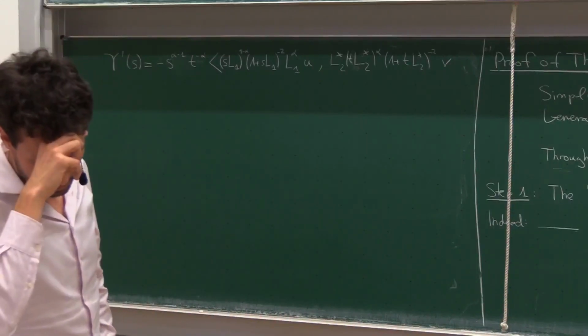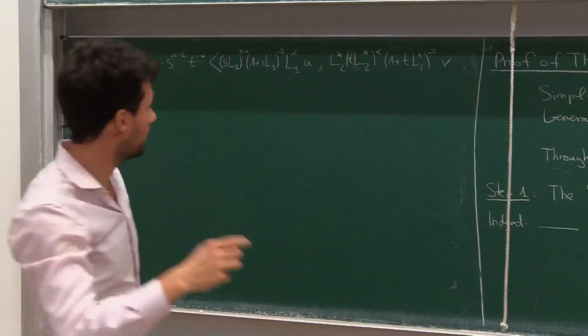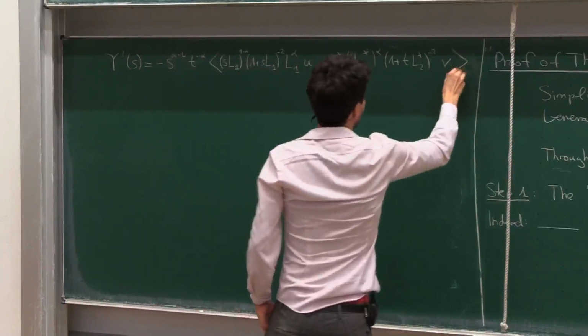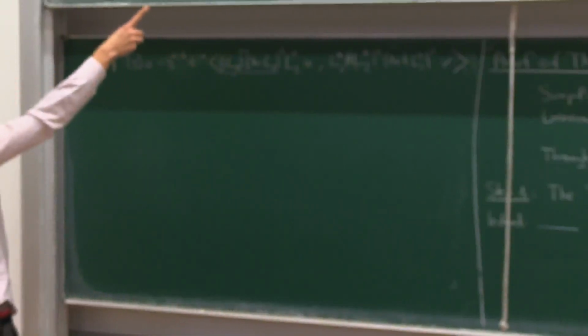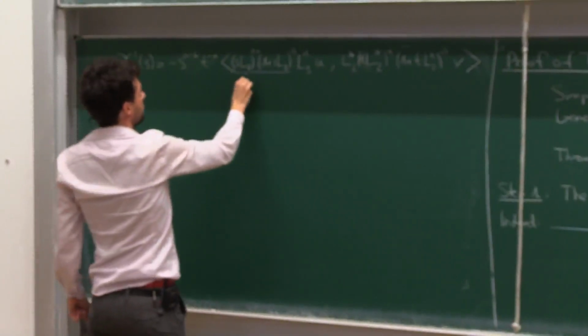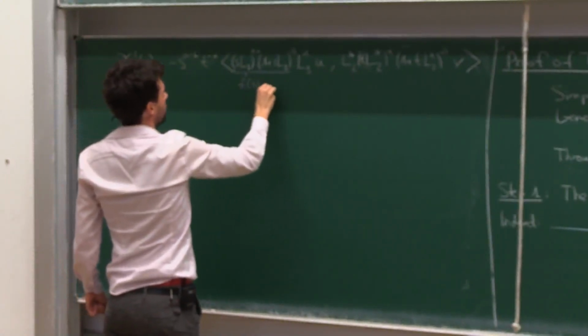Let me see if this is what I want. Yeah, it looks very much like I want, because if you look sharply at this expression, you agree this thing here is exactly the same type of thing that we had above. So this is f of sL1.